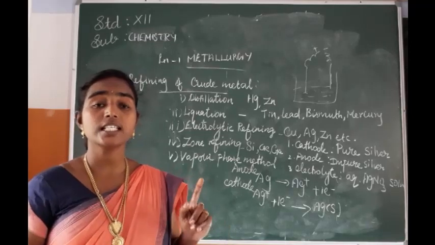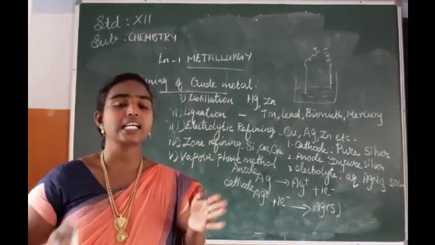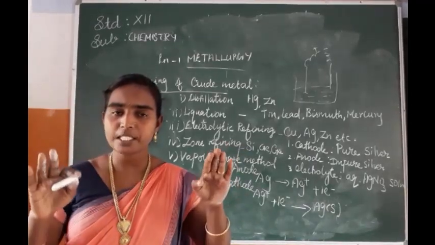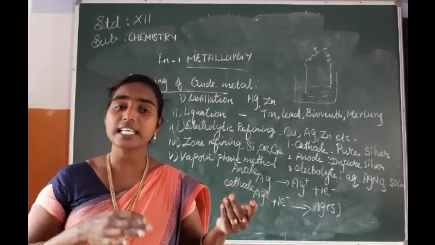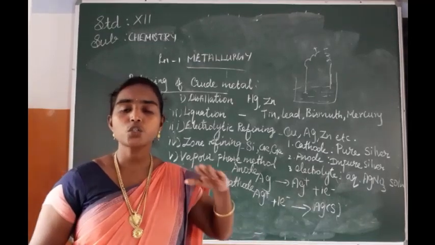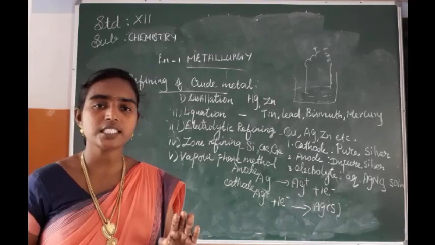So one more condition is that the zone refining method should be done under an inert atmosphere. Okay. So if it is ordinary air, there will be the presence of oxygen, so there is a possibility of oxidation of the metal, isn't it? So to avoid that oxidation, zone refining should be done under an inert atmosphere. Have you understood?